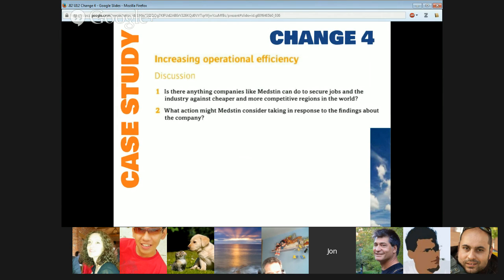But right now we're discussing something we just read, the problems with a company, Medstin, that makes tools for hospitals, diagnostic tools like X-ray machines and CAT scans. So class, based on what we read and based on your experience, is there anything that companies like Medstin can do, considering the cheap alternatives out there? Is there anything that a company like Medstin could do, in your opinion?